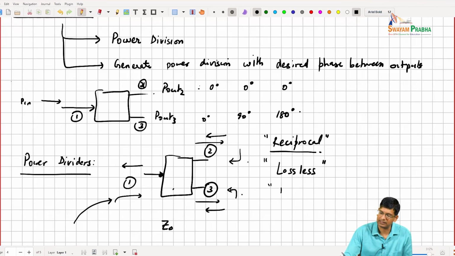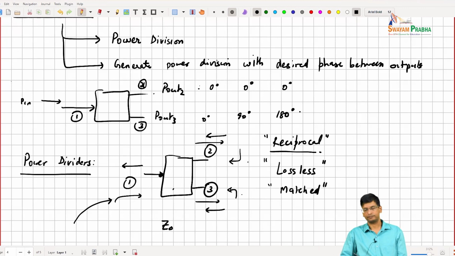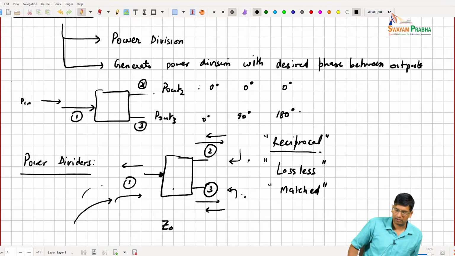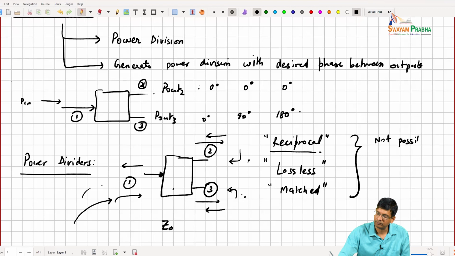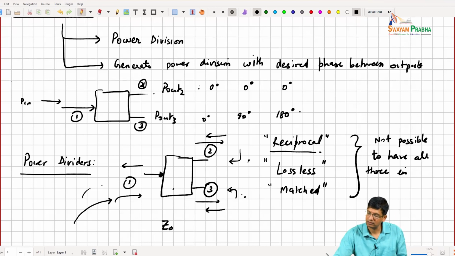So I'd ideally like my circuits to be matched, so that if I terminate them in the right impedances and drive them with the right impedances, then I'm able to have the power division that I need. So in 3-port structures, it is not possible to have all 3, with no anisotropic material.